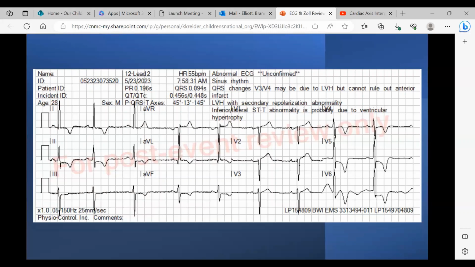The right bundle branch is only the one, and we know the right ventricle is smaller. So you have these three pathways into the ventricles for depolarization. When you have a left bundle branch block, two of those three are blocked and are not transmitting signals down into the ventricles.